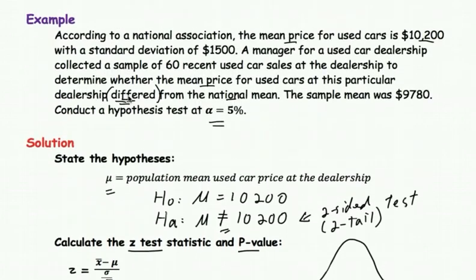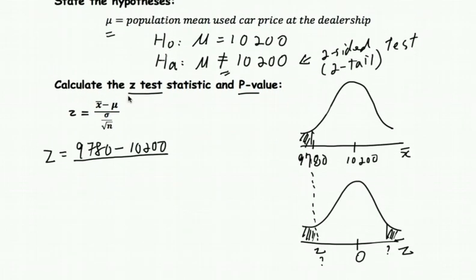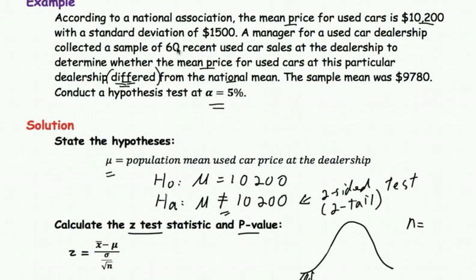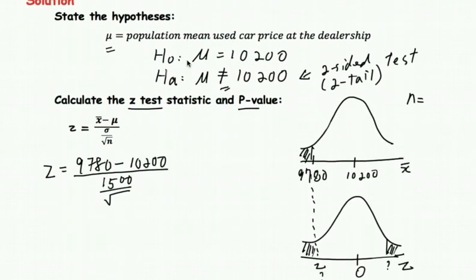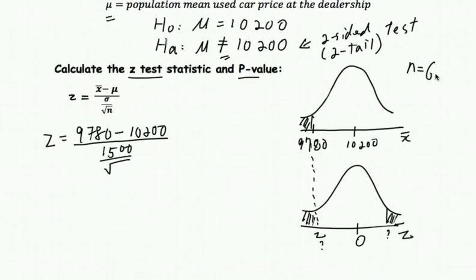Sigma is 1500. N is 60, because we have a sample of size 60. So typically, I like to figure out the standard deviation for x bar first.